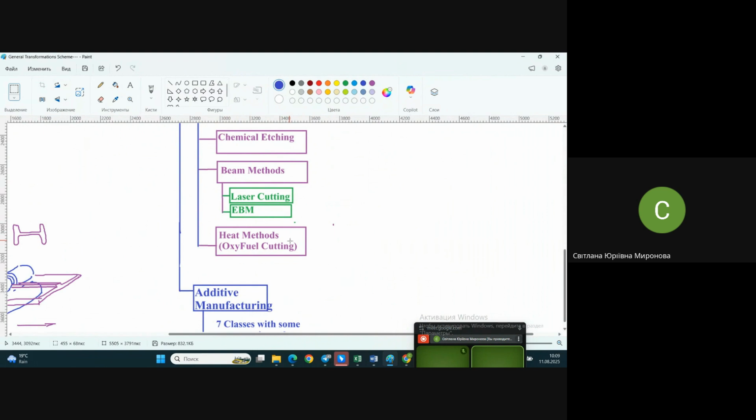But the torch itself, the instrument that the employee takes in hand, will have additional channels with additional supplying of air. You know that this technique of welding relies on melting of material with next fusion and solidification.